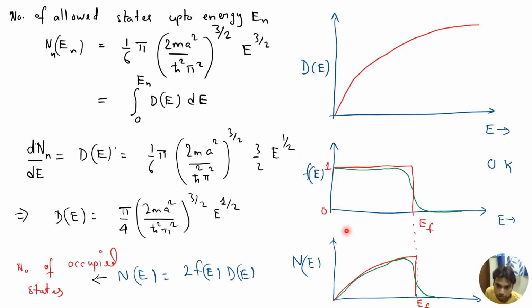What you are getting is n(E), the number of electrons occupied in the energy range E to E plus dE. It first increases and then it starts decreasing at the Fermi energy level.